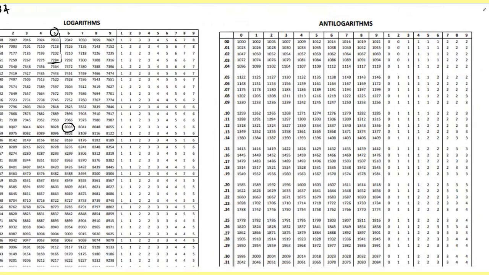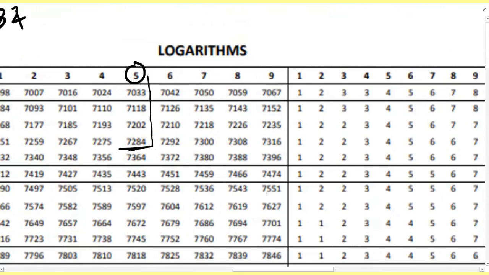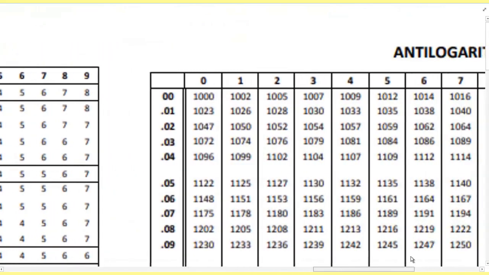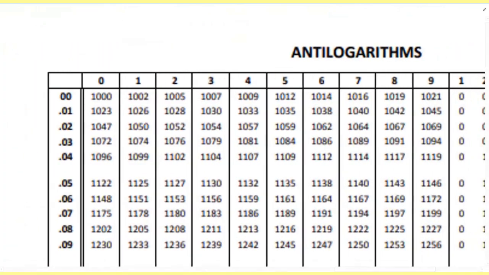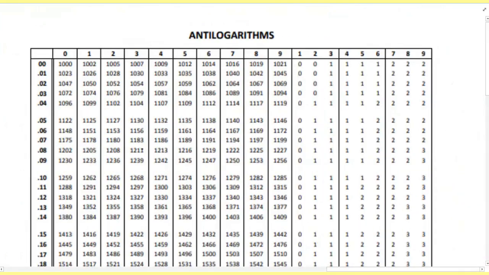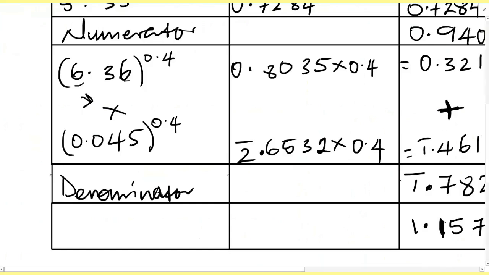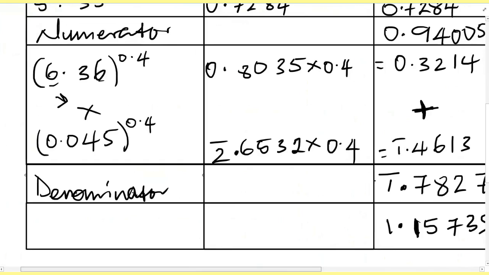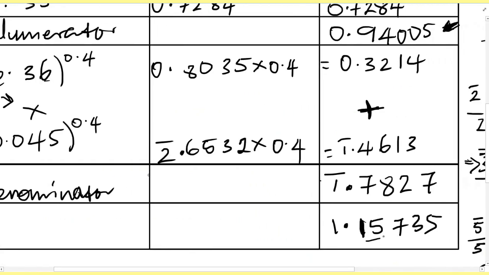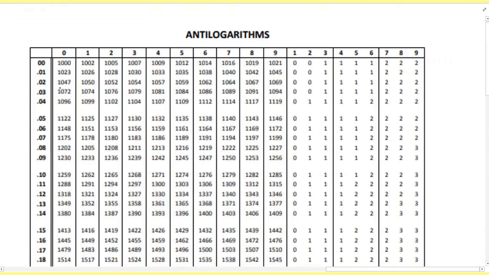So let me zoom this. So we're looking for the antilog of, check the number again. We're looking for the antilog of 15 under 7. 15 under 7, difference of 3. So 15, that's 0.15. This is under 7, and this is 7. So if you trace down, you know that this is what we have, right?